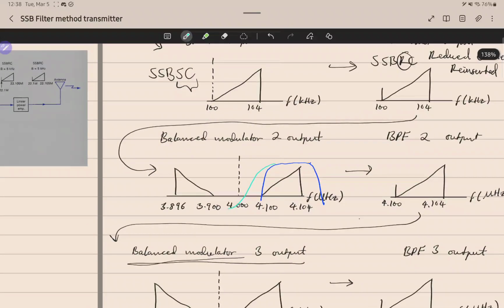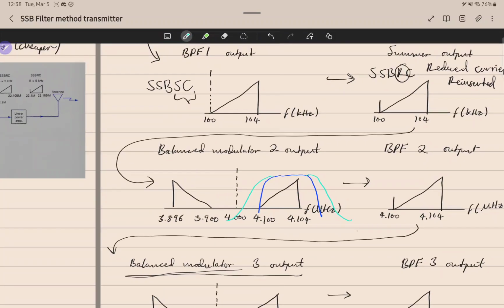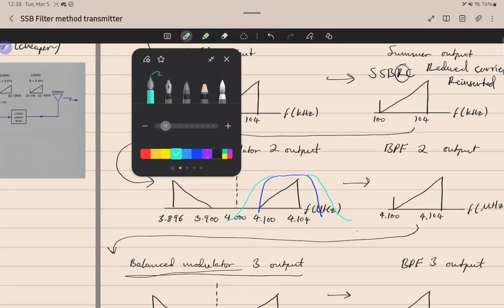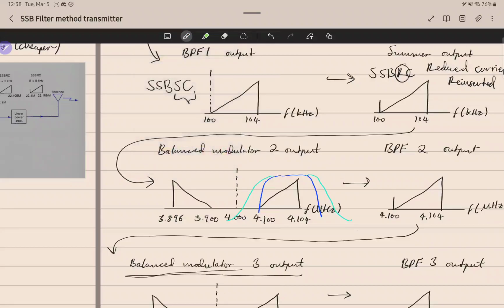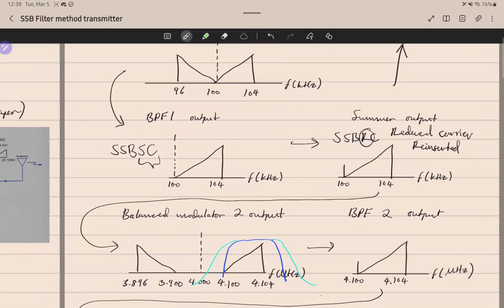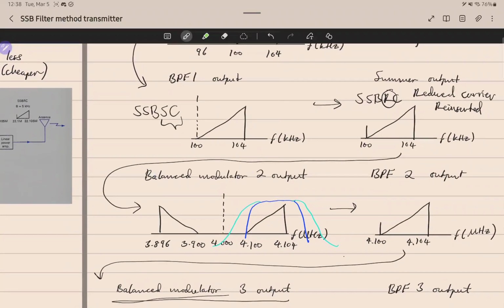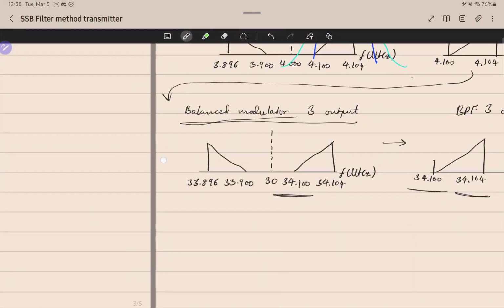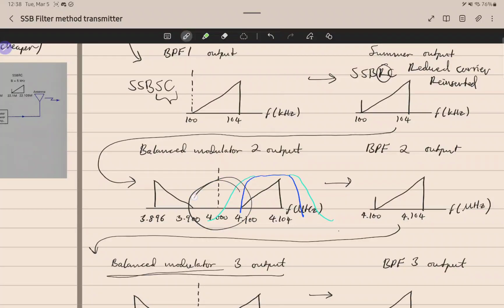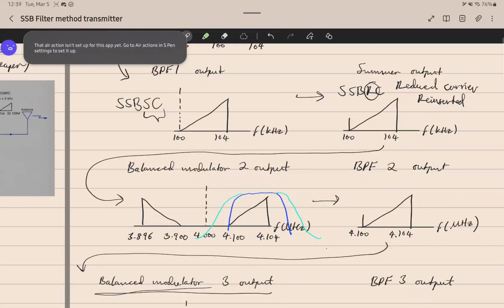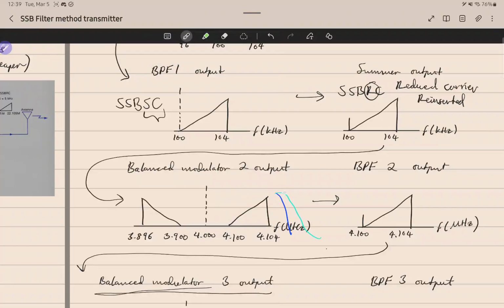If it looks like this, it's more relaxed. So that's what we call a soft bandpass filter. So you can use a soft bandpass filter, which is usually less costly, to do your frequency upconversion instead, right? Because now doing this in steps makes this gap here that doesn't contain any useful information. So that allows you to use a cheaper bandpass filter.